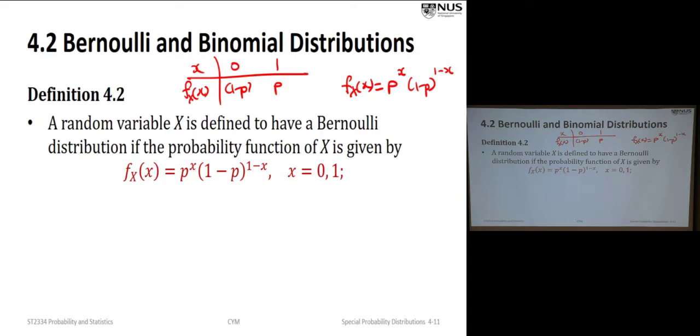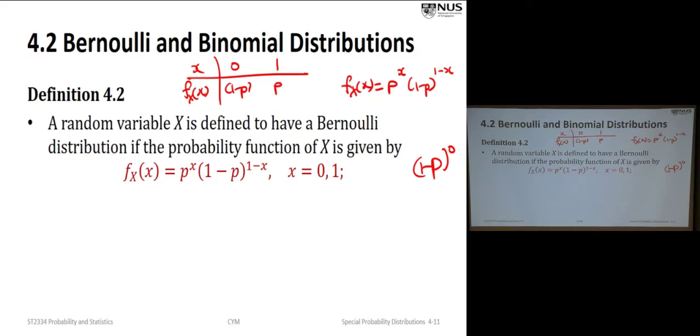Any number raised to power 0 is 1, not 0. So when x equals 1, this term is 1 minus p raised to power 0, which means it's 1. So in this case, you have p to power x. How about when x equals 0?